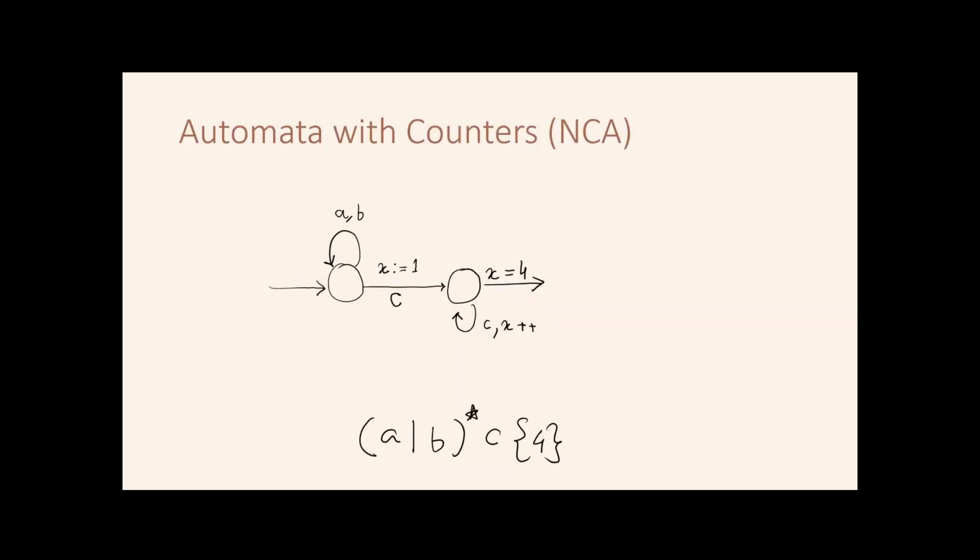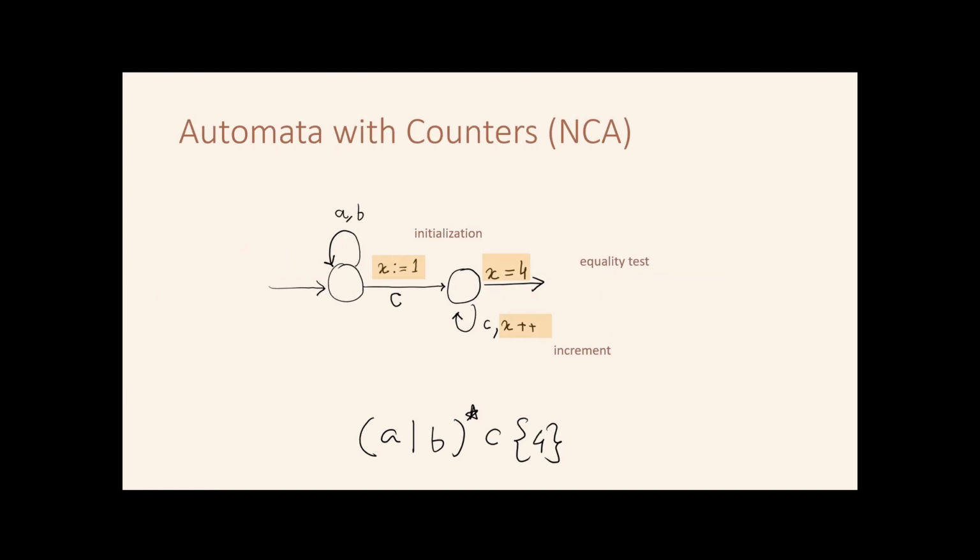To do this, I introduced this construct called Automata with counters, which I will abbreviate as NCA. So these are like finite automata, but they are also equipped with counters, which can be initialized when certain transitions are taken. Sometimes they are incremented. And we also have these guards which check whether a certain condition is satisfied.